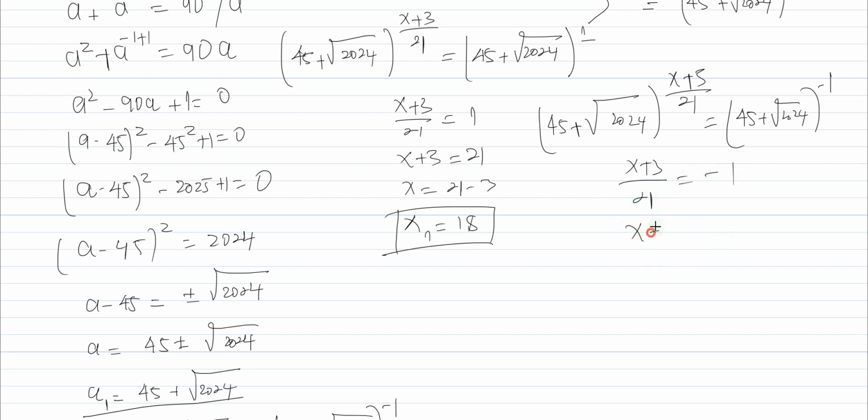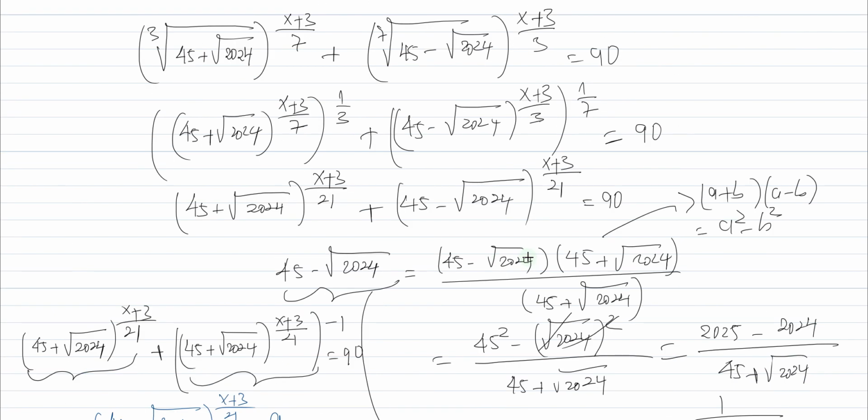So we're going to have x plus 3 equal to minus 21, and then x is going to be equal to minus 21 minus 3, and then x2 is going to be equal to -24.